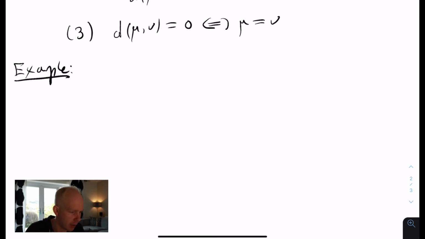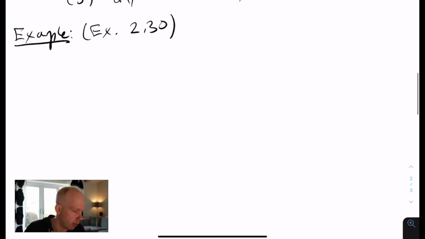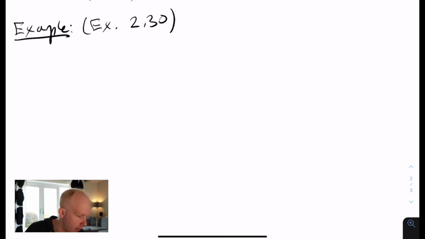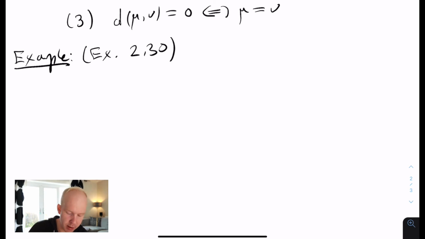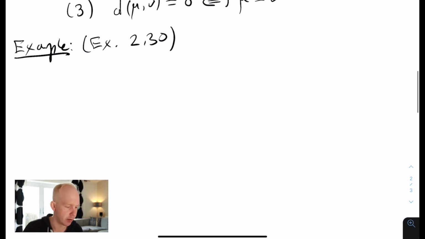This is exercise 2.30 in the lecture notes. Let me compute this one example, which makes it a bit difficult to compute this total variation distance directly.